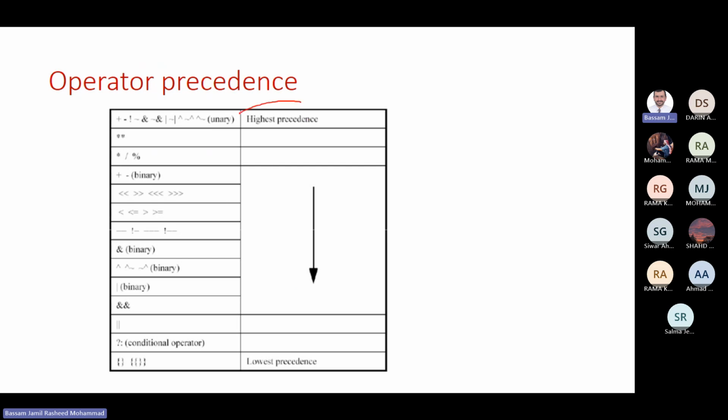This is from highest precedence to lowest precedence. Again, this will become evident as you write more code and we see more examples, but for the most part it is similar to what other languages have.